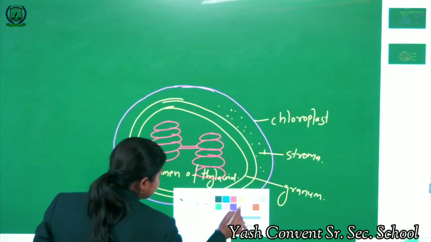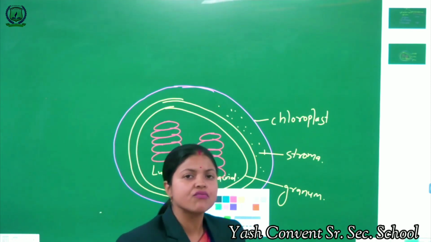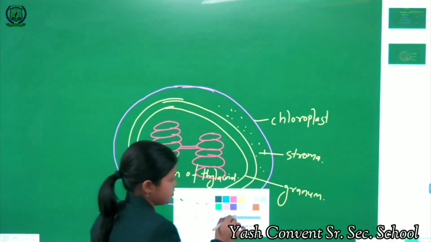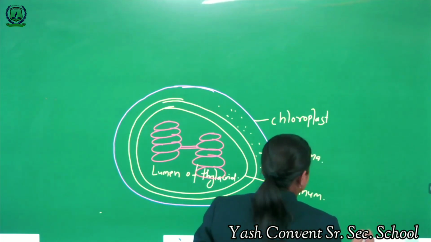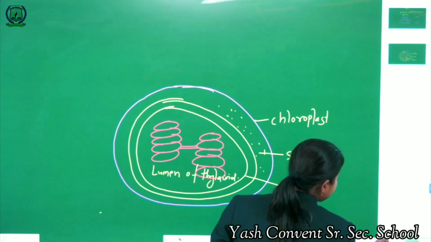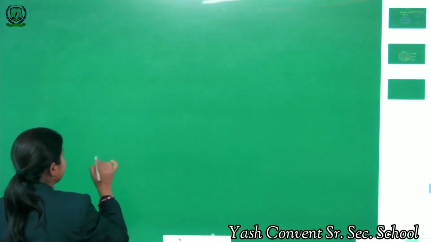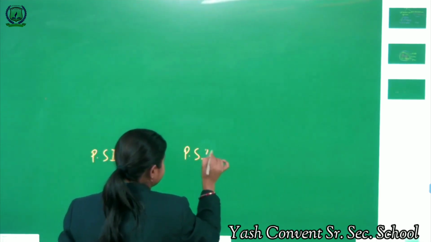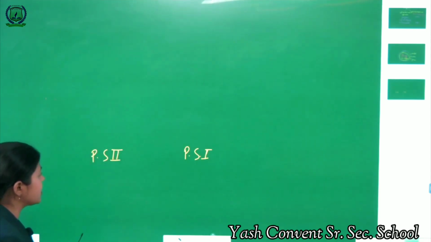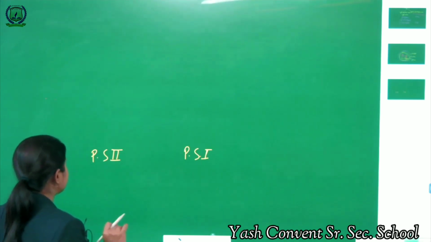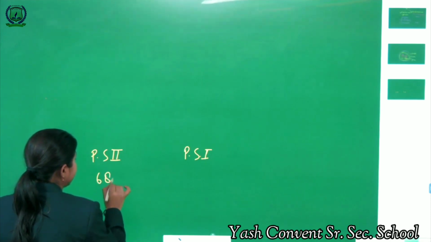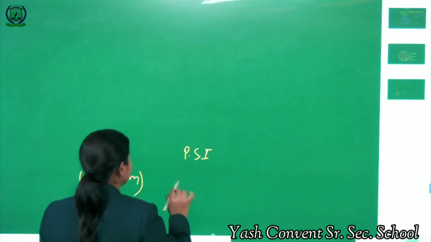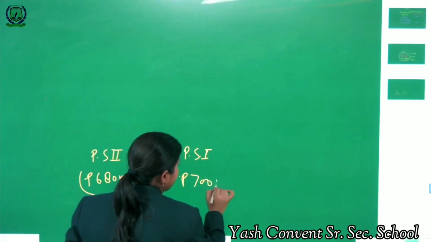Now we will see that in granum there are 2 sites for photosynthesis: photosystem second and photosystem first. The main difference is that photosystem second absorbs 680 nanometer of light, and photosystem first absorbs 700 nanometer of light.